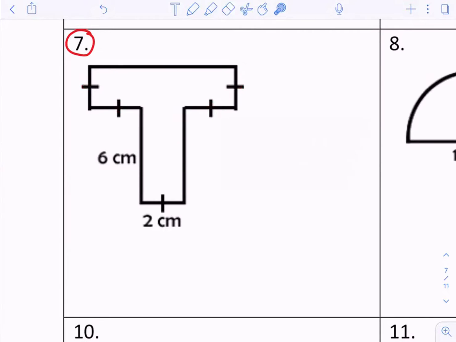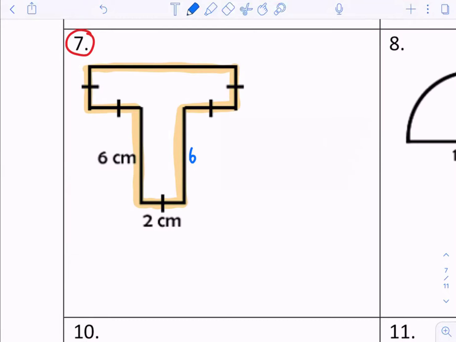And the first side that seems to be the easiest to label to me is across from the 6 centimeters. That also would be 6 centimeters. That seems pretty obvious. What I'm wondering about is, can we fill in the top part of this capital T? I think we can.